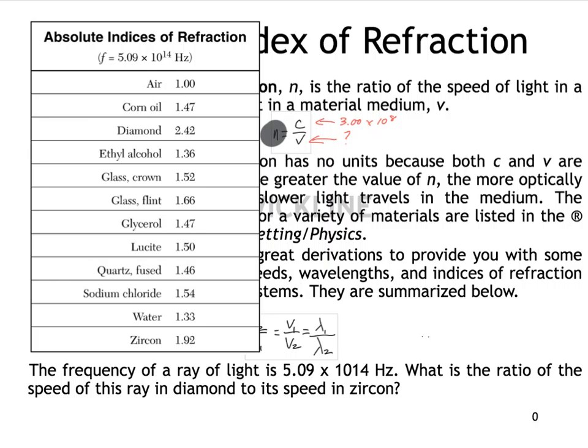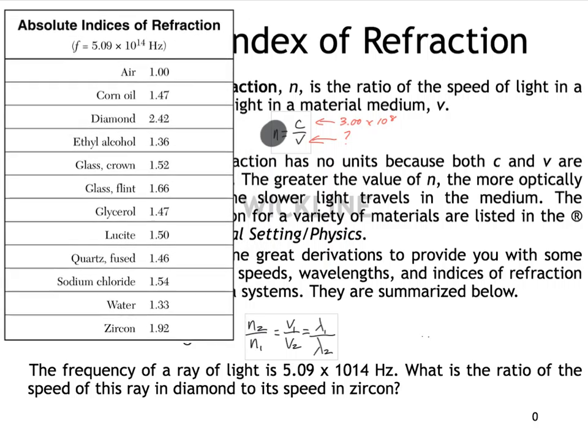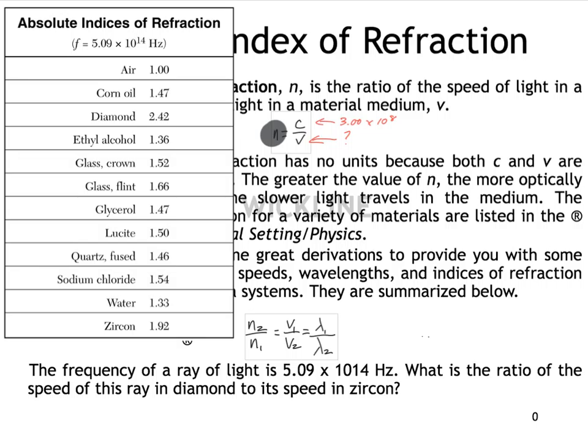So let's do the equation that relates their indices, the n2 over n1, to their speeds, v1 over v2. They're asking me to do diamond to zircon, so I'll say zircon is number 2. And zircon's index of refraction is 1.92. So I'll write that in as my n2.